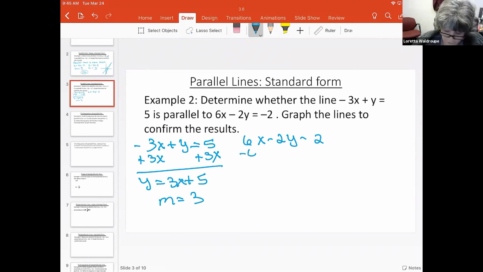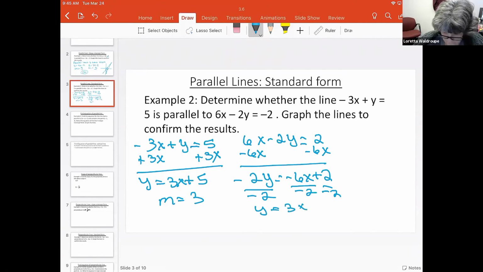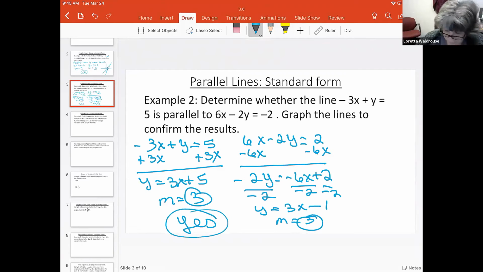Here I'm going to subtract 6x from both sides, and then divide by -2. So my slope here is 3. Since these two slopes are the same, then yes, they are parallel.